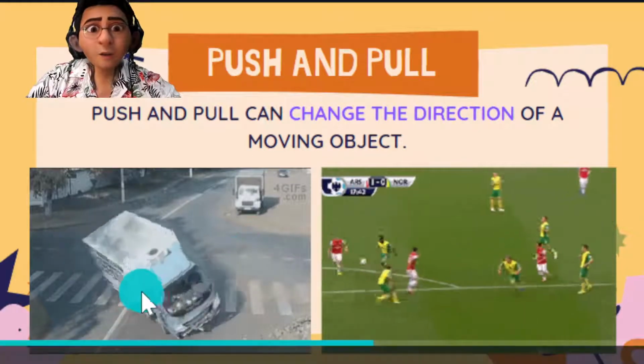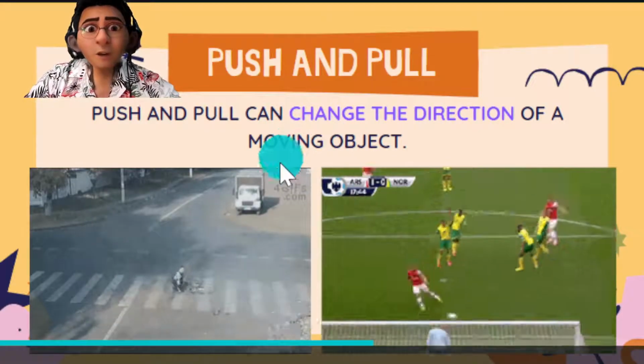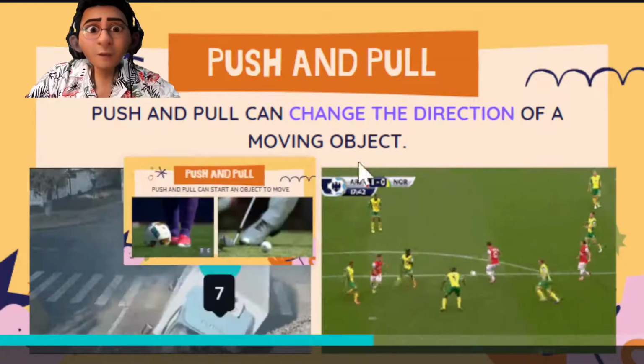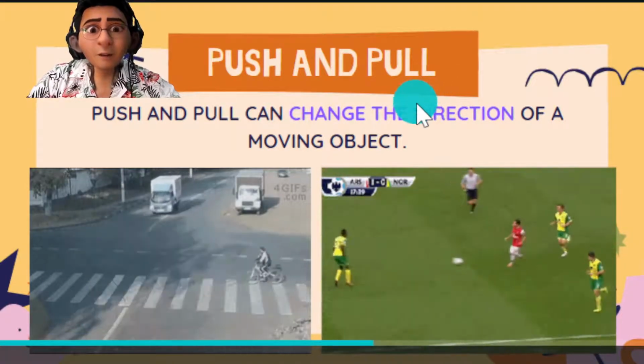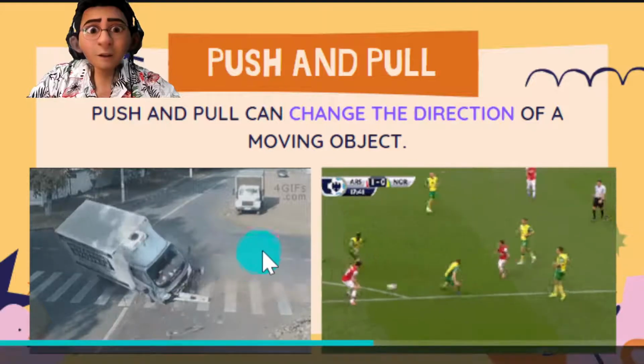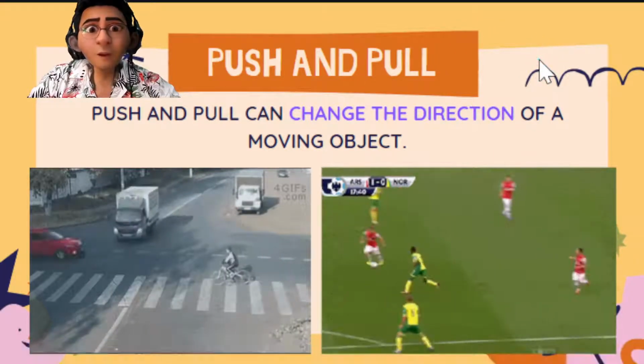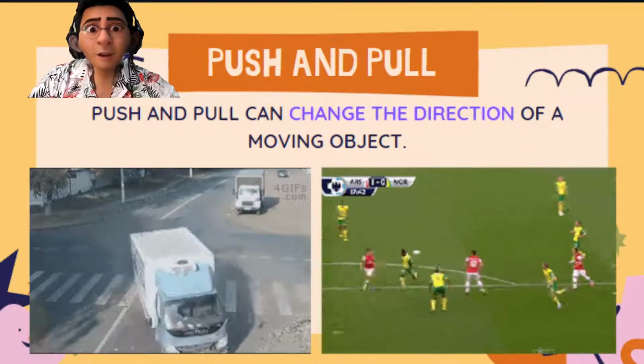Now if you see here on the first picture, the truck wants to go straight, but then it hits a red car, that one, and the truck does not move in a straight line anymore.